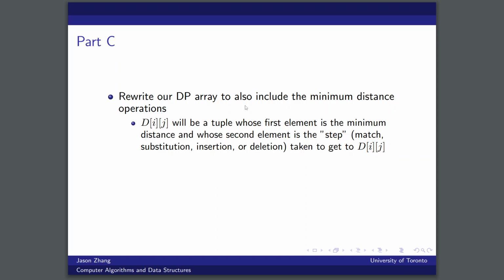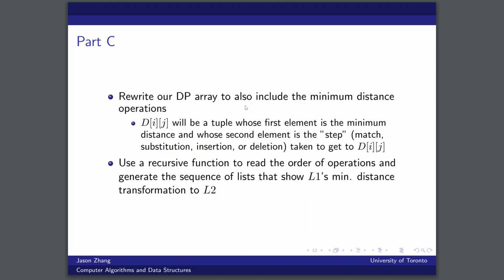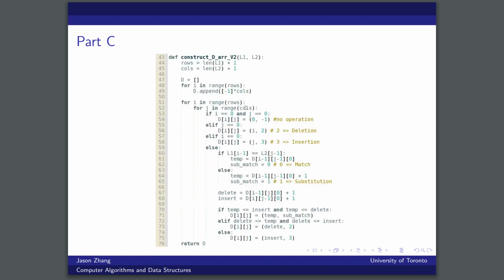So it can either be a match, a substitution, an insertion, or a deletion. Next, because we're trying to recover the path, but we're starting essentially at the destination, we can use a recursive function to read the order of operations and then generate the sequence of lists that will show the minimum distance transformation. So this is the function for constructing our new D array using tuples.